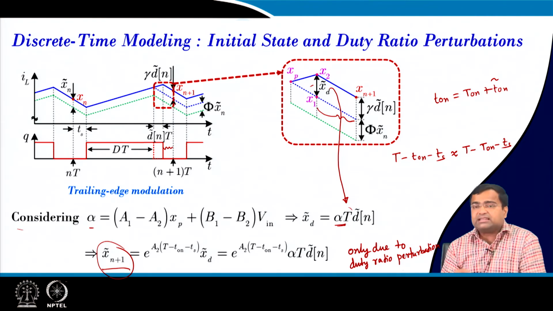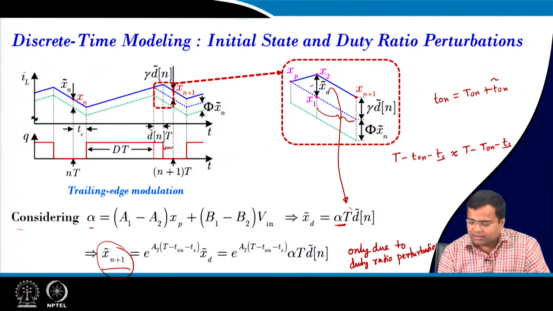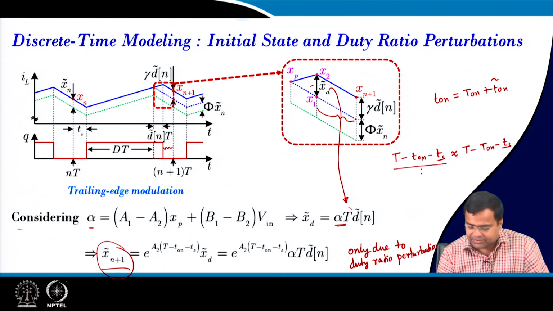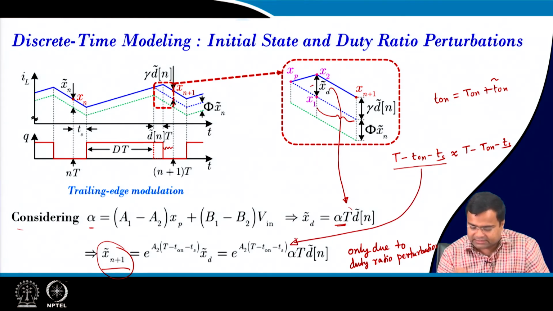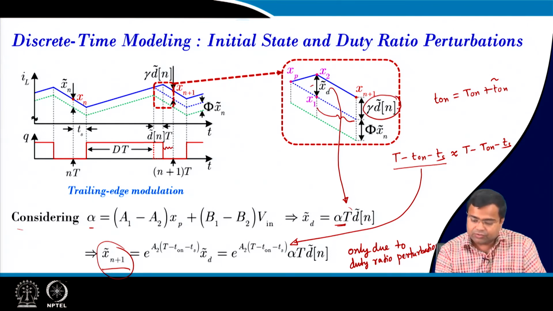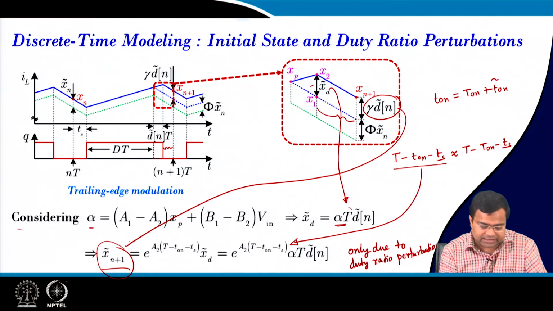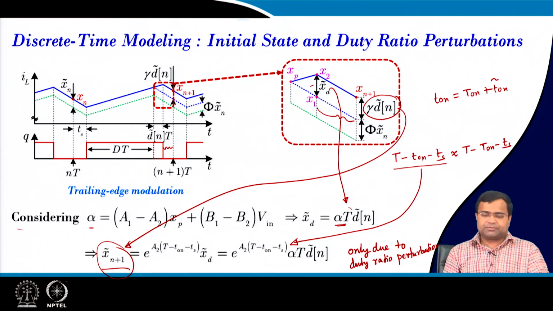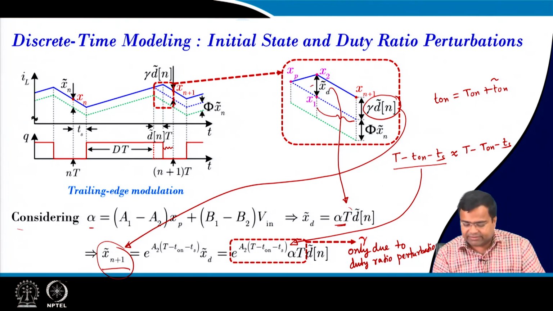That means it is assumed that the perturbation is very small. So, you can get this time here, because you need to have a steady state value, and this is A2 times. So, this will be reflected as this function. This is the reflection coming due to the perturbation here. It is only due to the duty ratio perturbation. Okay, so it is given here.